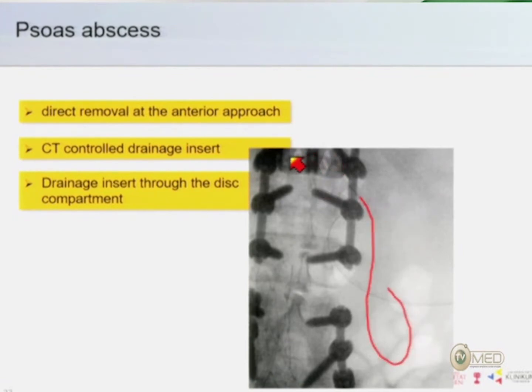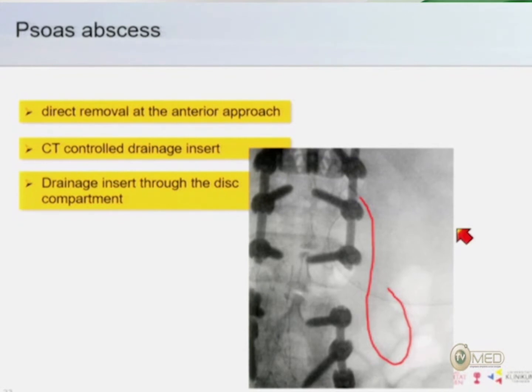Here you see the T-lift. There was a hole in the compartment, and then with a small instrument you can open it up a little bit and put in the drainage like this, and then you can insert this without CT scan or a large anterior approach. So I think these are the possibilities you have with the smaller abscesses.